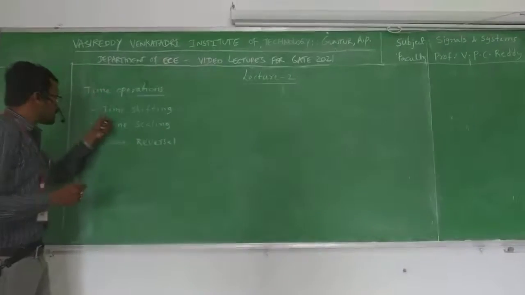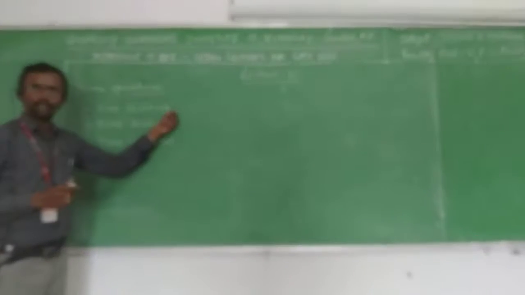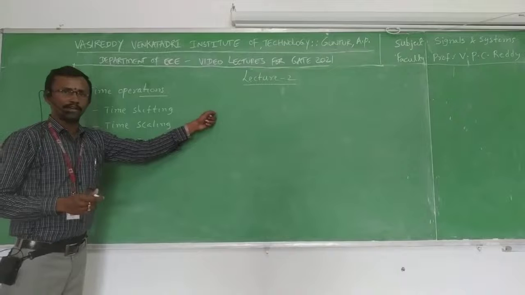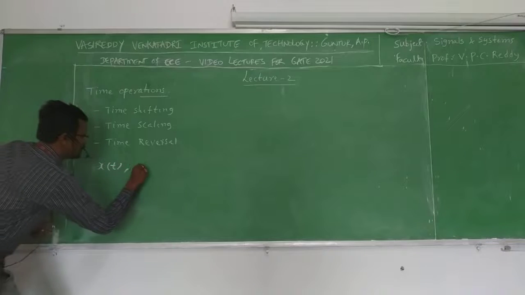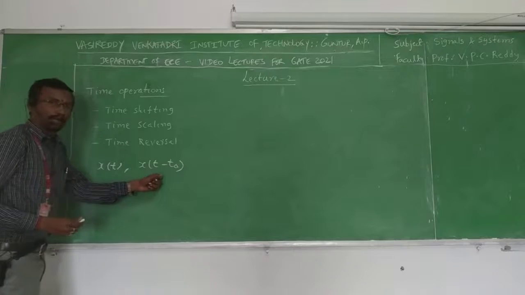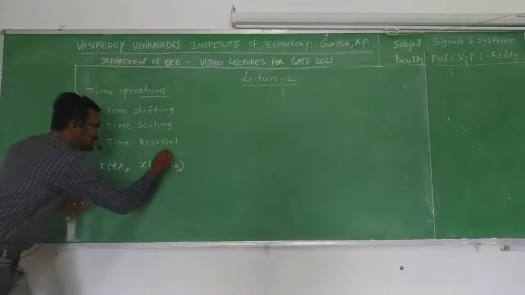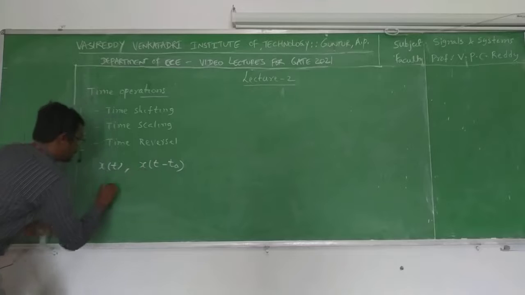So we discussed in detail about time shifting. Time shifting includes two operations, time delay and time advance. Suppose I am giving signal x of t. X of t minus t naught is the time delayed or time shifted version of the given signal x of t. Whether it is delay or advance depends on t naught.